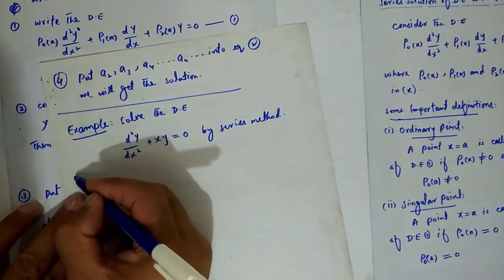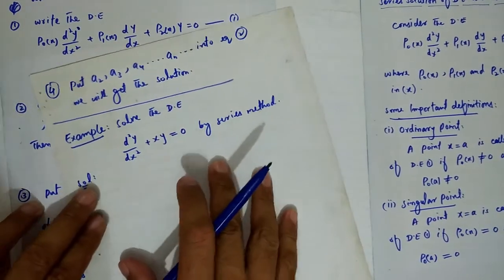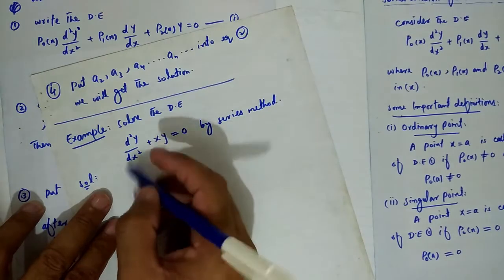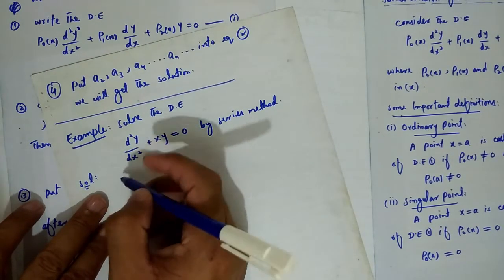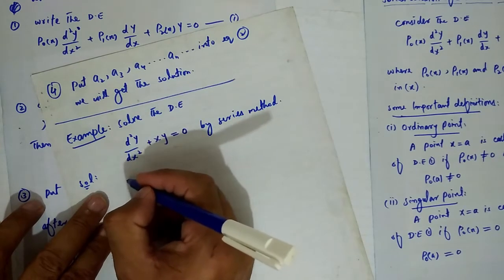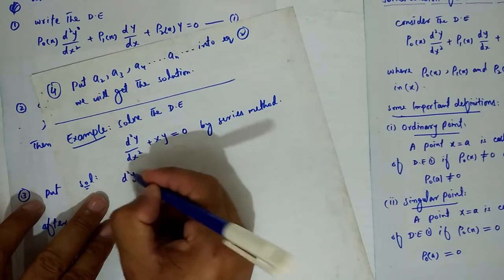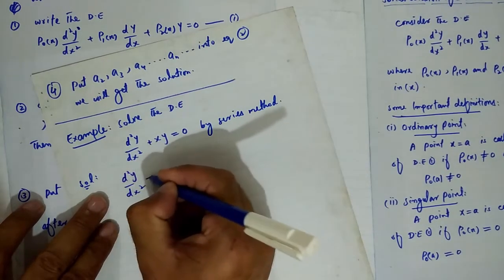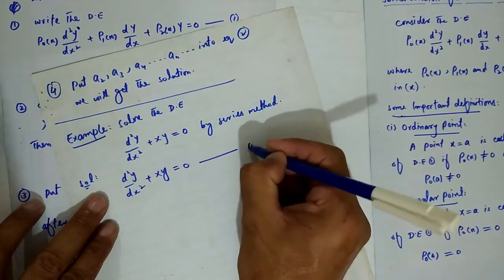So, solution according to the rules. In the first step, we should write the given differential equation. Here the differential equation is d square y upon dx square plus xy equals 0. Let this be equation number 1.